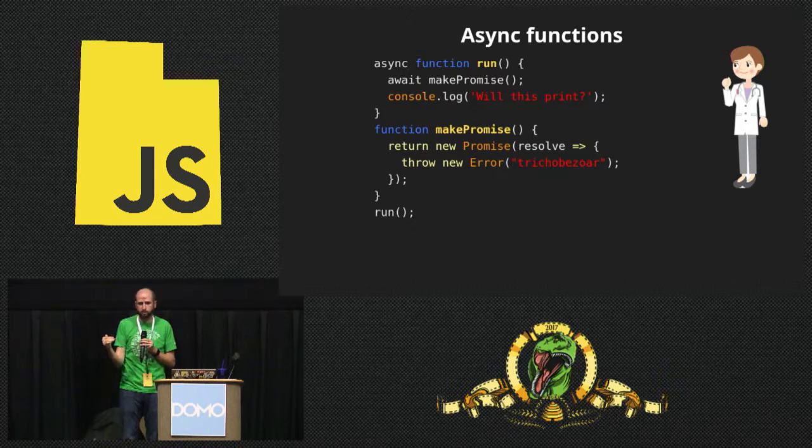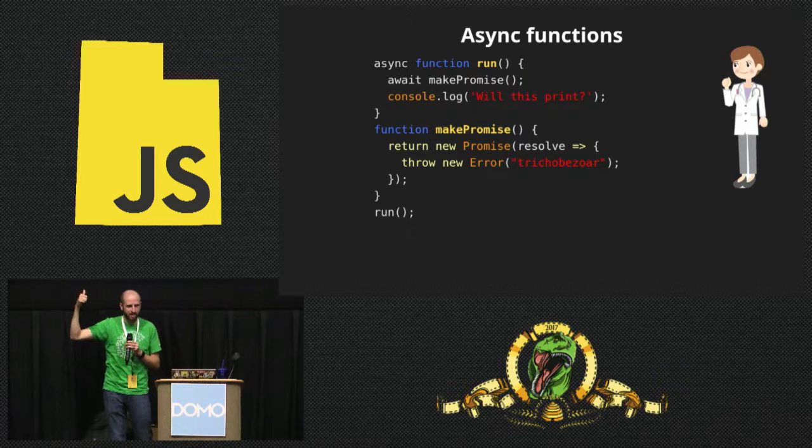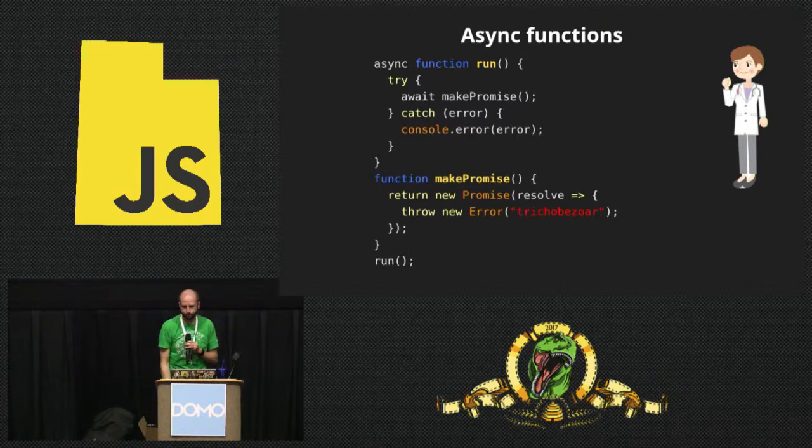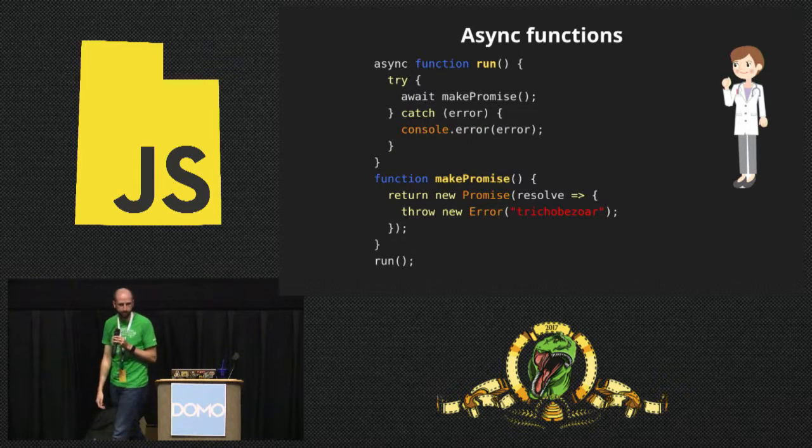This is particularly bad if you use root async functions for your whole application. Like if your main startup function is run or run app, and that's an async function, and you're doing asynchronous stuff in there, and if there's an error, it's not going to proceed if you're not expecting it. And how do you expect it with async functions?